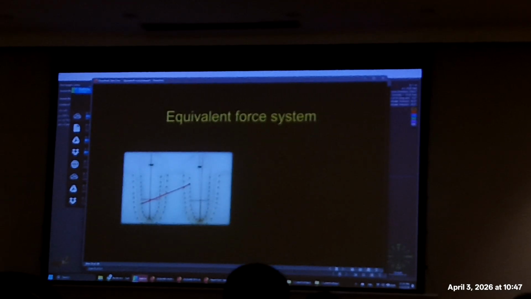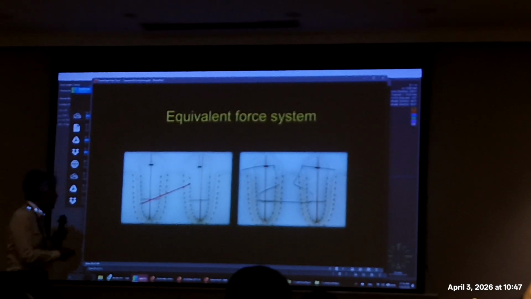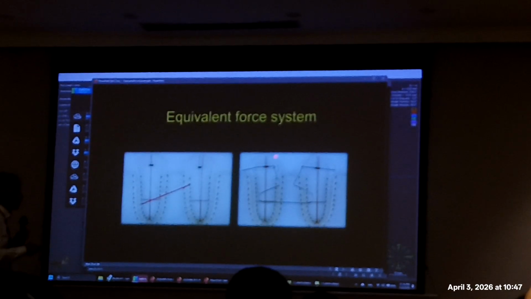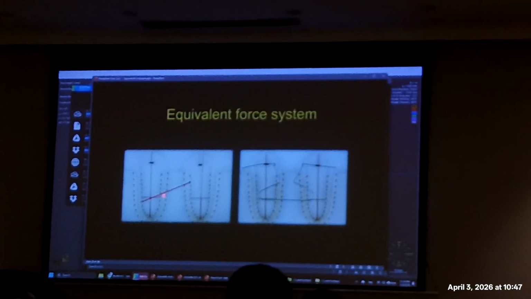And clinically, applying force like this is very difficult, okay? So instead of using a single force, you use the T loop, which we will make tomorrow. So force is applied at the bracket, not at the middle of the loop like this. But as you can see, this and this look the same.